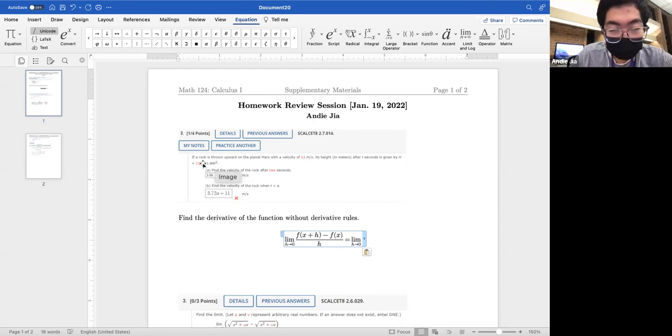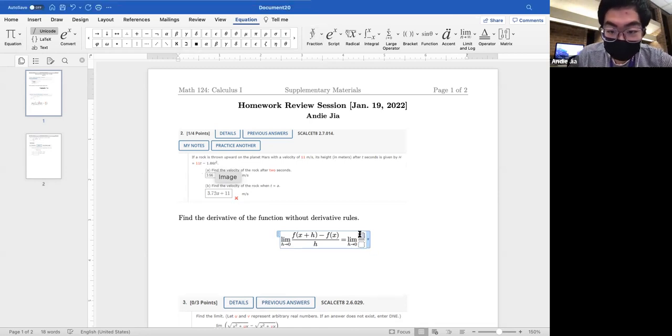Here is the function. This time the variable is t, so it becomes t plus h.